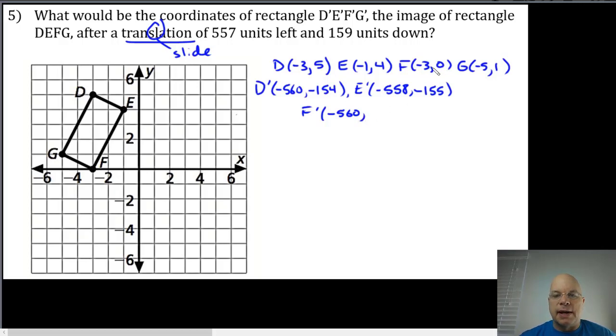And then 0 minus 159 is just negative 159 for y. Finally, G prime, negative 5 minus 557 is negative 562 for x, and 1 minus 159 is negative 158 for y. And so those would be the coordinates of the translated figure.